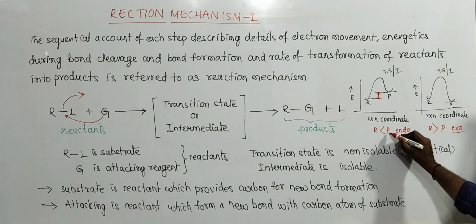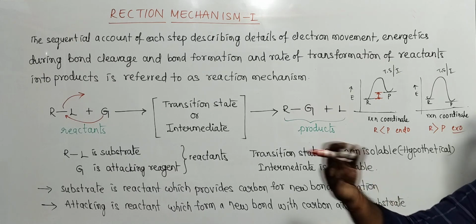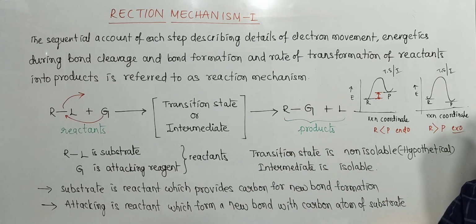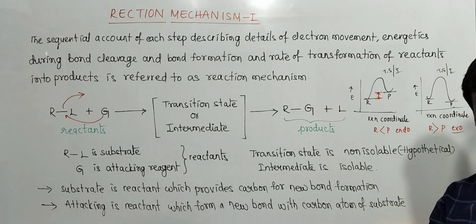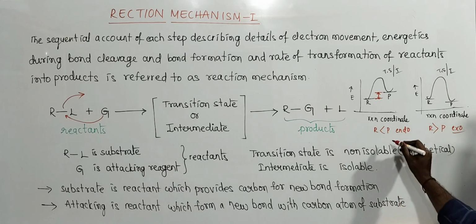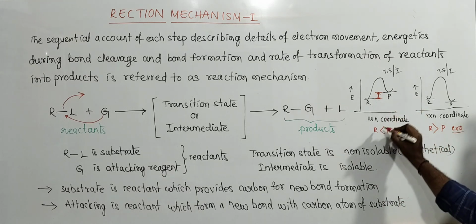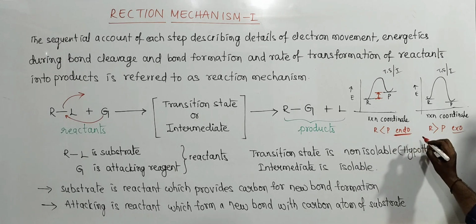Why? Because if the product energy is greater, then from reactants only the products are formed, so the extra energy is supplied by us. While reactants are converted to product, how do products gain energy? Some of the energy comes from the reactant, and the remaining energy is supplied by us. So energy is absorbed by the reaction. If product energy is greater than reactant, that is an endothermic reaction.